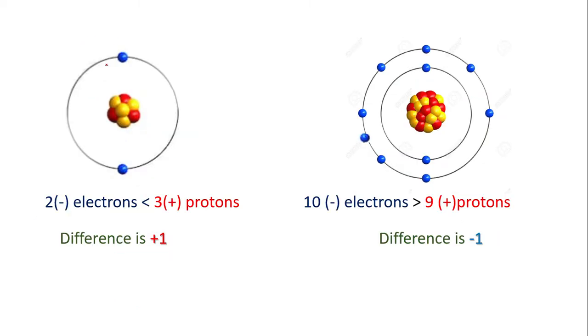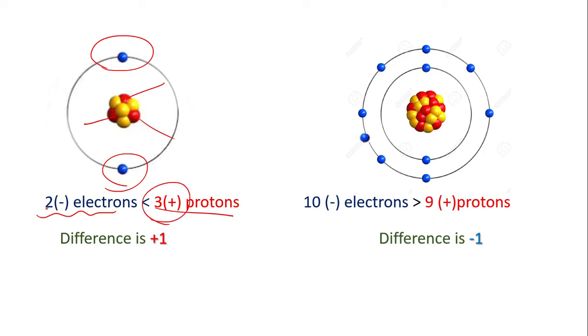Of course, now when I have only 2 negative electrons, it will be less than the 1, 2, 3 protons. So as I have 3 protons but only 2 electrons, the difference is 1 positive. I have 1 more positive proton.